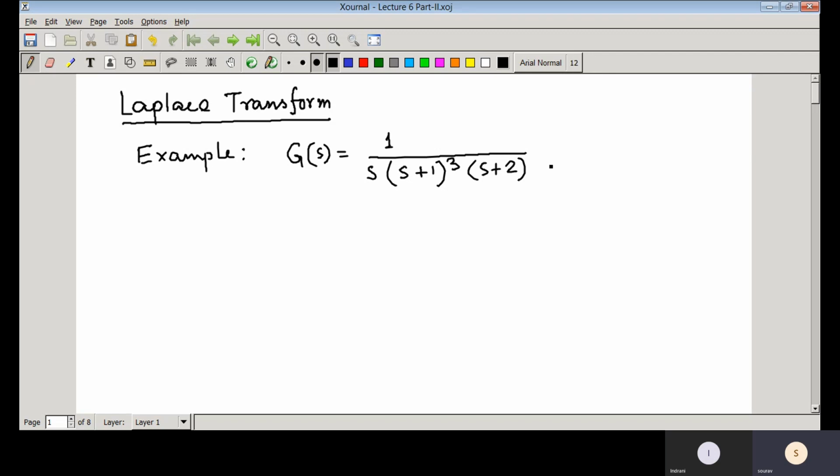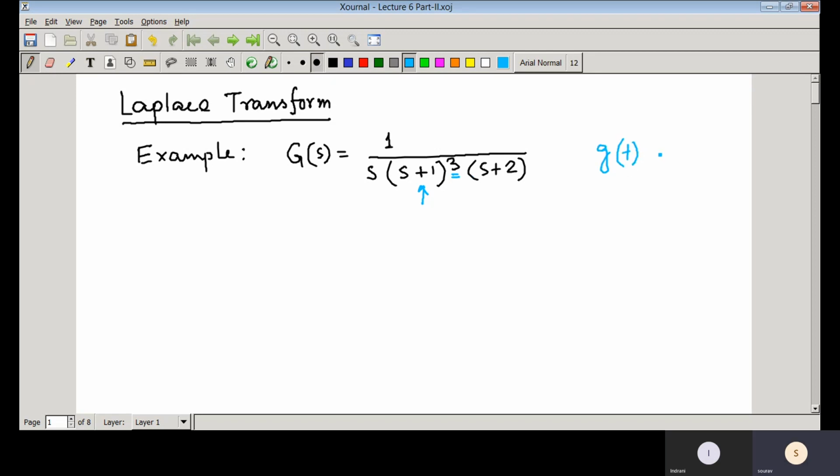So in this particular rational function, you can see that there is a pole at -1 where its order is 3, and you are asked to find what is g(t).